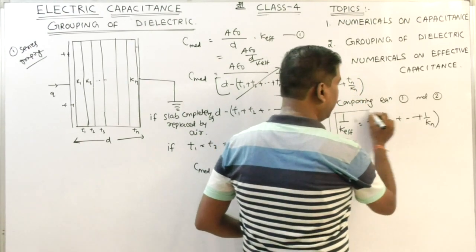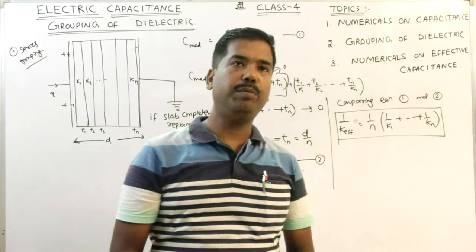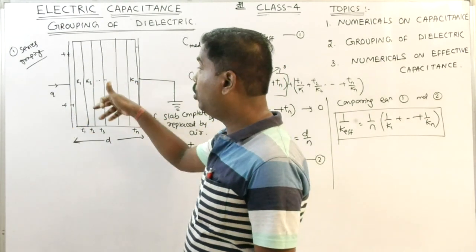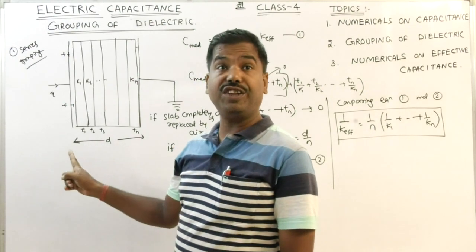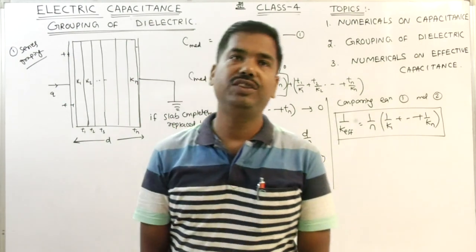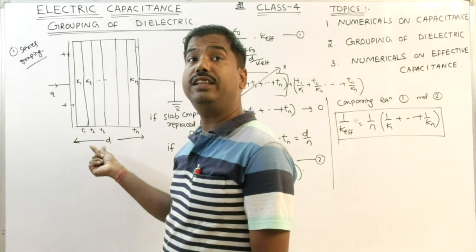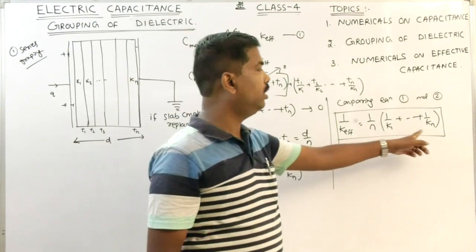So this is the formula when the number of dielectrics are in series. Again I am expressing that when the dielectrics are placed into the parallel plate capacitor having equal area but different thickness, then they are said to be in series. It means when the area remains constant but thickness varies, they are said to be in series. Clear? So the series combination is this.